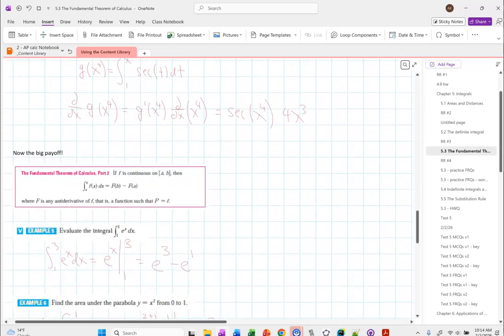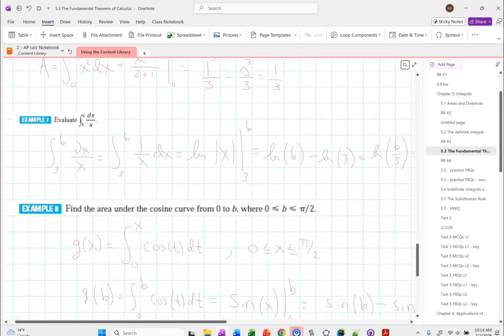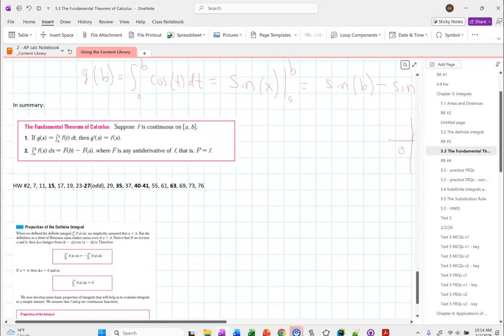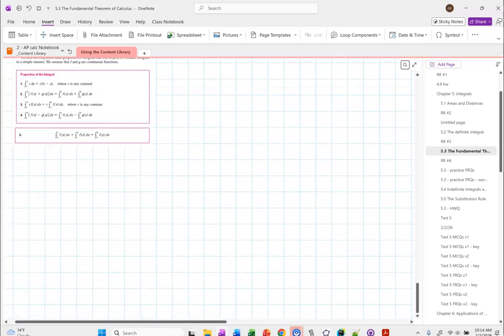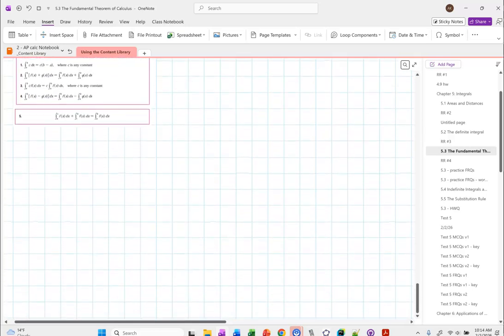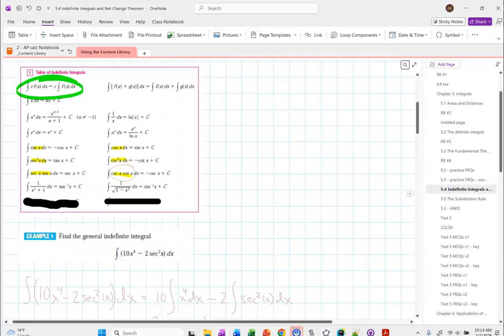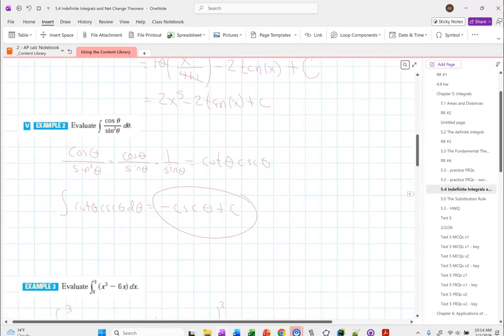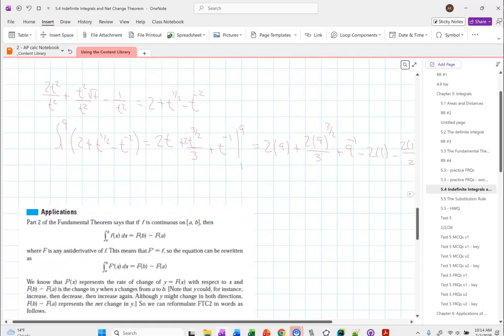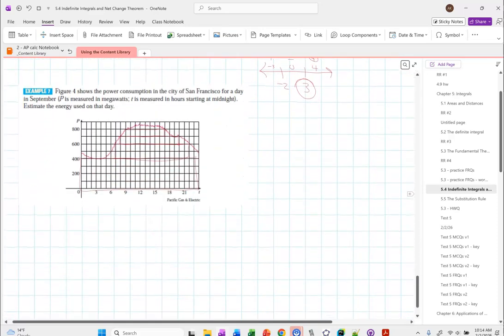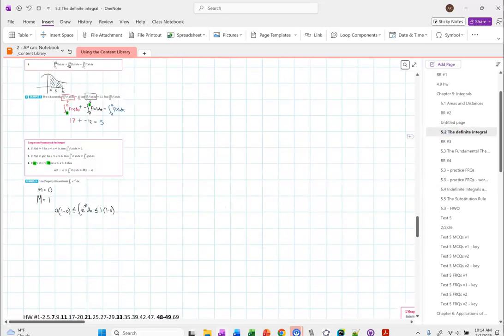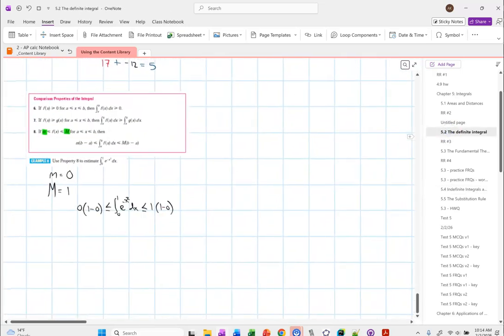Is it not in this section? Is it in the next section, or was it in the previous? Oh dear. Okay. It's here. Ah, perfect. This is what I'm looking for.